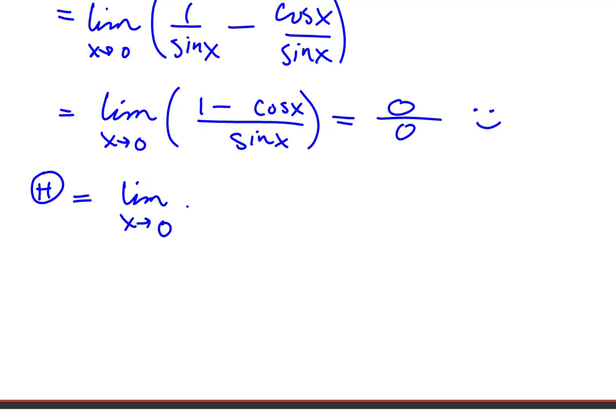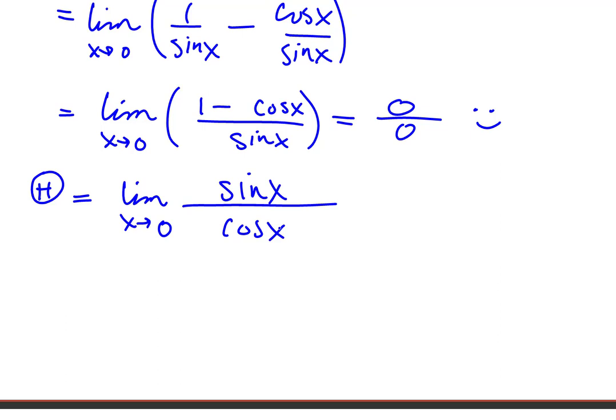If I take the derivative of the numerator of this previous step, it was 1 minus cosine of x. The derivative of cosine is negative sine. The derivative of 1 is 0, which means that numerator's derivative is simply sine of x. It'd be like minus negative sine, so sine of x it is. And then in the denominator, we had sine of x. The derivative of that would be cosine of x.